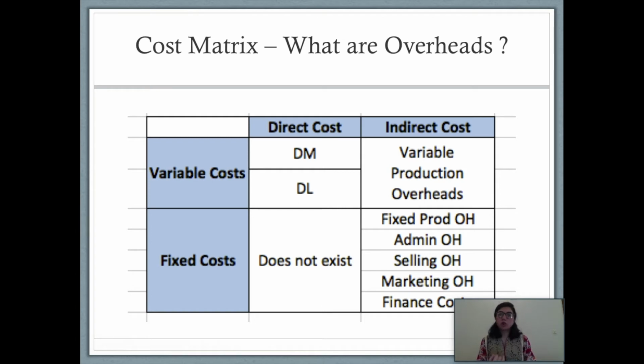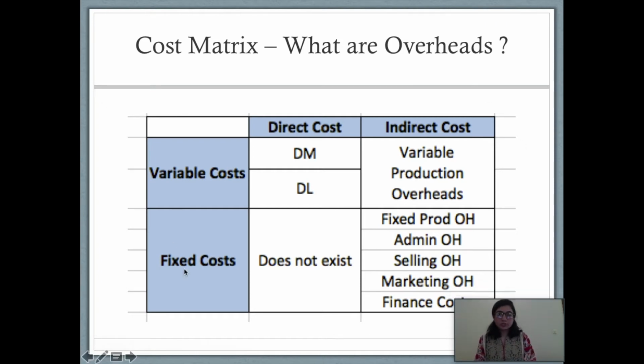Finance costs deal with the situation where, if the organization wants to finance any project, it will have to take a loan from the bank or from any other place. Any loans taken, any interest paid on loans, is a part of finance costs. So fixed costs are all indirect in nature. That is why the other name for fixed costs is overheads.